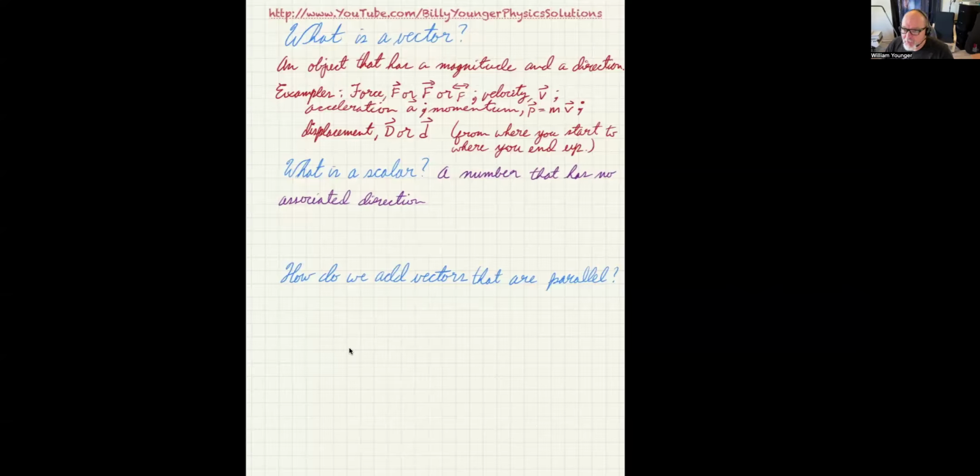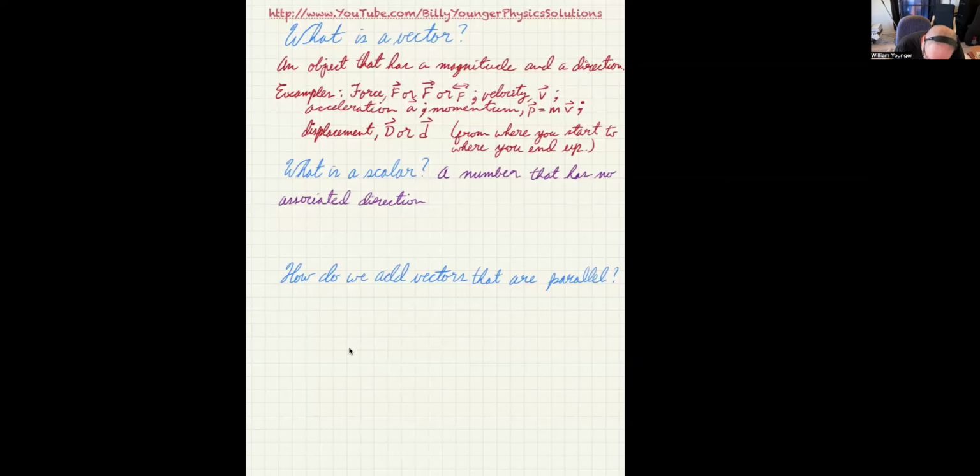It's a little arrow whose length is proportional to the length of the vector, and whose direction is in some sense parallel to the direction of the vector. Whereas a number, scalar, is just a number without any direction associated with it, but it can be a positive or negative number.